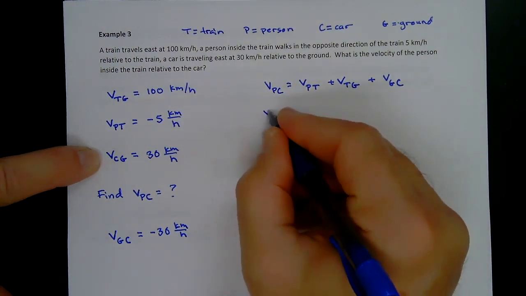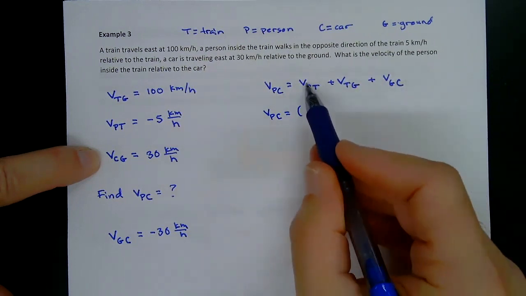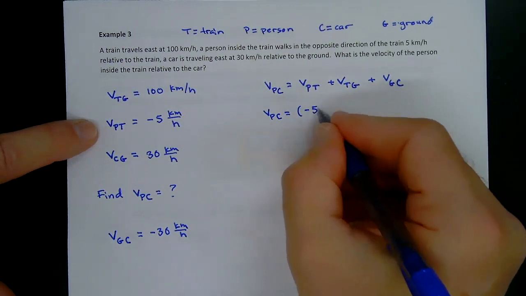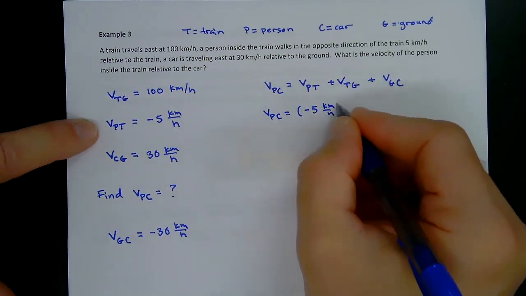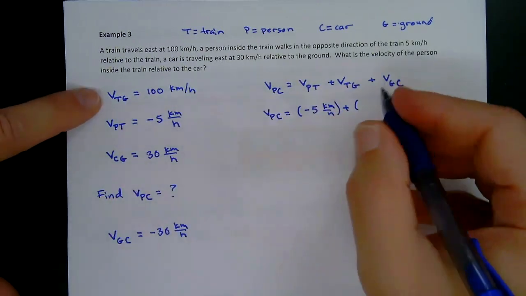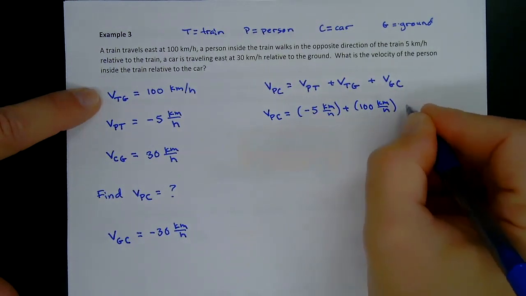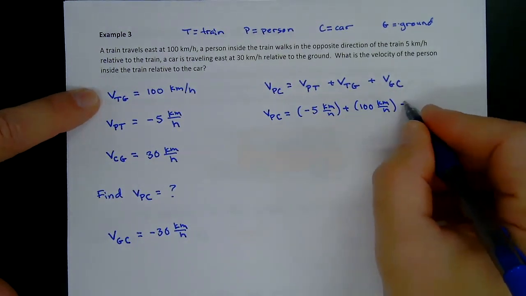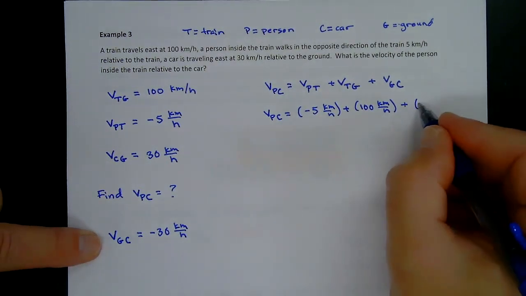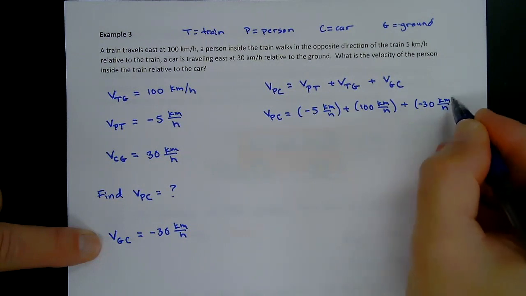So the velocity of the person relative to the car would equal the velocity of the person relative to the train, which is -5 kilometers per hour, plus the velocity of the train relative to the ground, which is 100 kilometers per hour. And then plus the velocity of the ground relative to the car, which is -30 kilometers per hour.